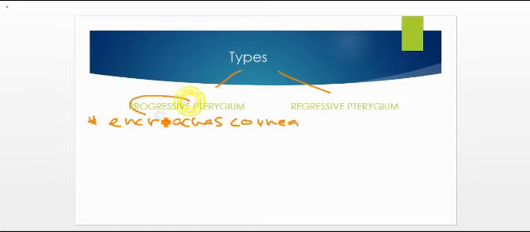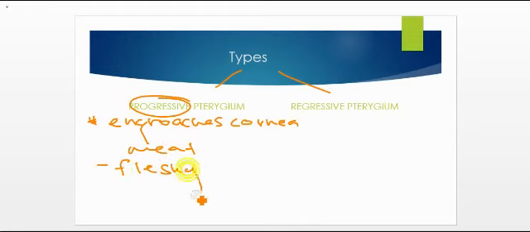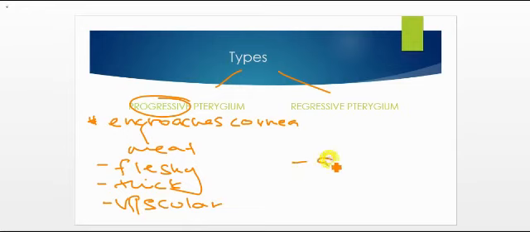How I think of progressive is like meat: it happens to be fleshy, very thick, and vascular. Regressive is just the opposite. It would be atrophic, very thin, and less vascular.